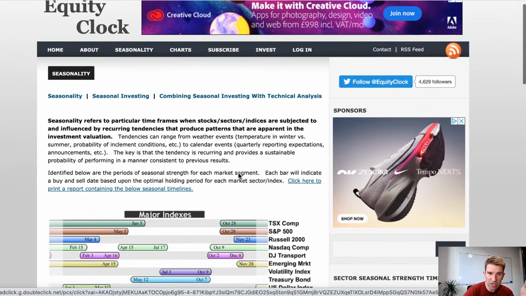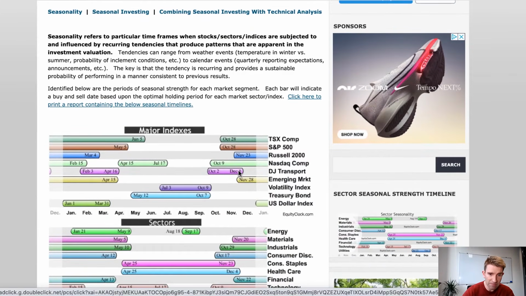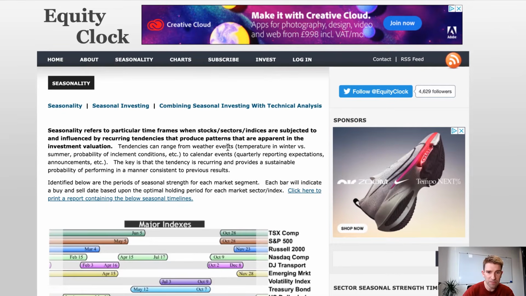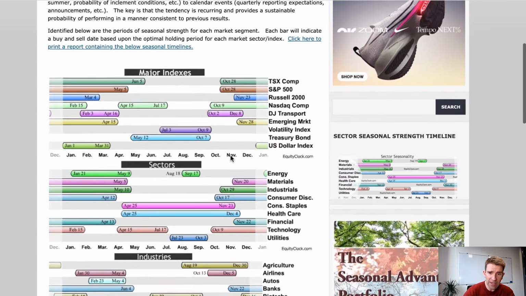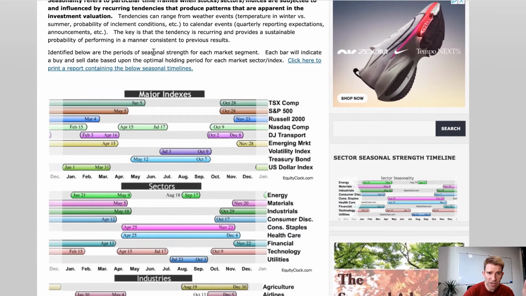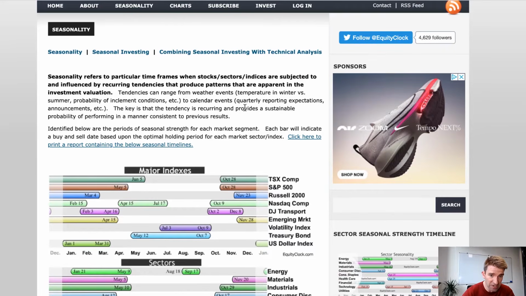So this equityclock.com, and I've got to thank someone for flagging this one up for me. There's loads of other interesting bits and pieces on here, so go and check it out. If I look here at October, in the seasonality section, it says it refers to particular time frames where stock sectors and indices are subject to and influenced by recurring tendencies that produce patterns that are apparent in the investment valuation.